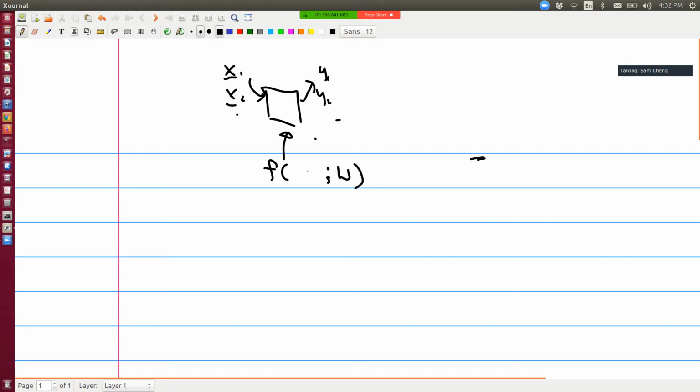And therefore, what we hope is that for a function like that, f(xi, w) is close to yi, right? In terms of how close they are, we can use a loss function.